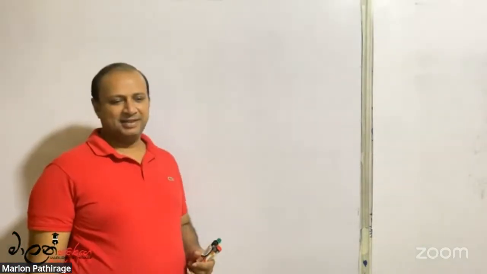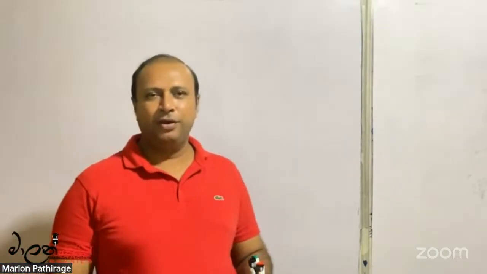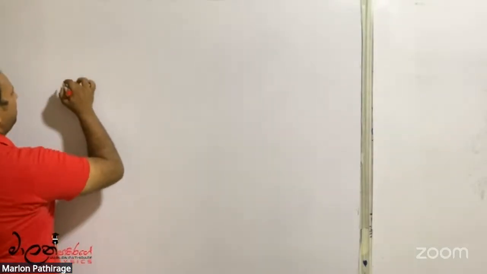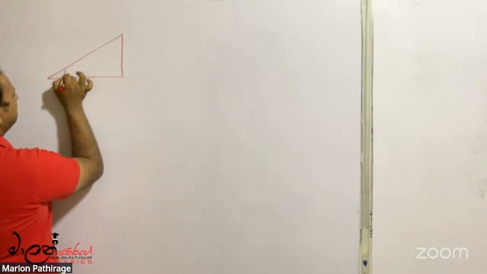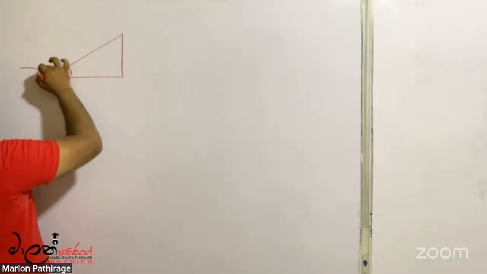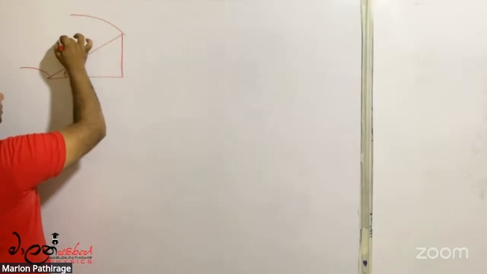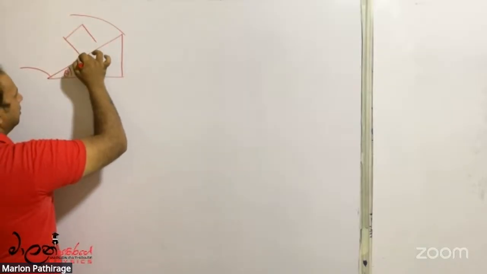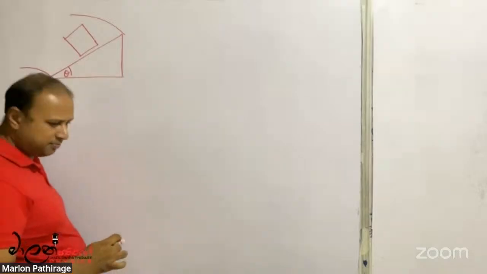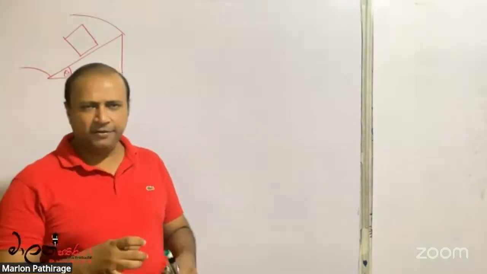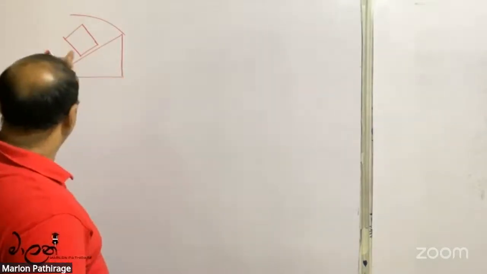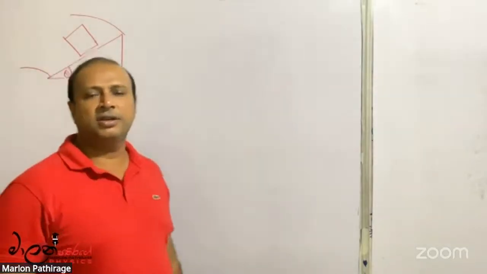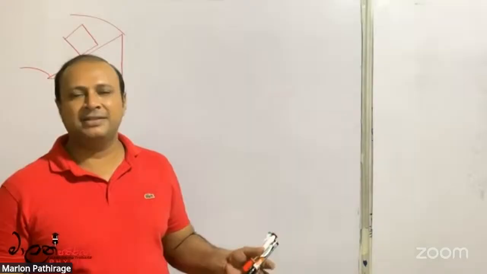Next is the other scenario. Suppose now there is a banking of the road. Now suppose there is sliding down, meaning the vehicle moves in the downward direction due to insufficient velocity.